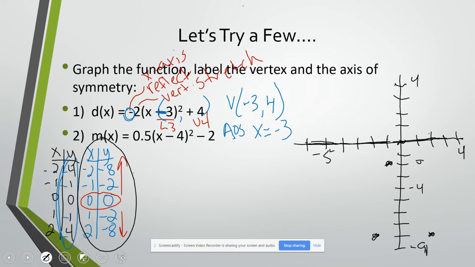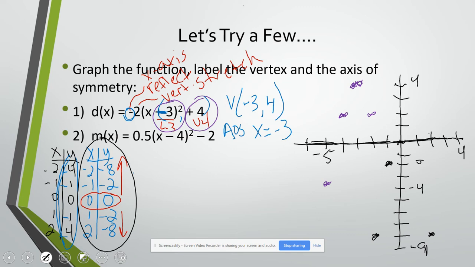Then I'm going to take those 5 points and go left 3 and up 4 with each one. So starting on the left, left 3 and up 4 brings me here at negative 5, negative 4. The second one, left 3 and up 4, puts me at negative 4, 2. Our 0, 0, left 3 and up 4, puts me at negative 3, 4.